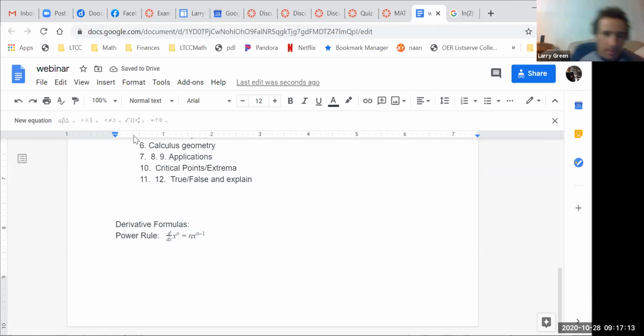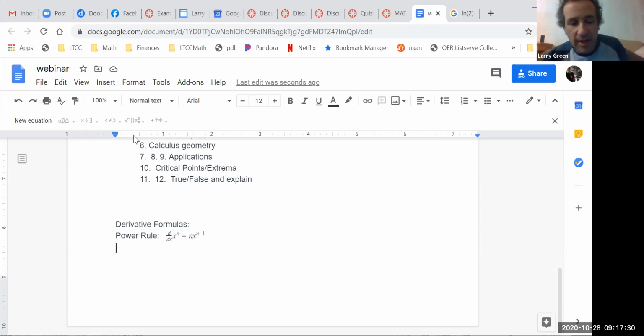Very important. Okay. In fact, if you can't do the power rule, you'll fail this test, because I think most of the problems on the whole test involve the power rule somewhere. There's like an x squared or something like that. Okay, but I don't think anyone has problems with the power rule.